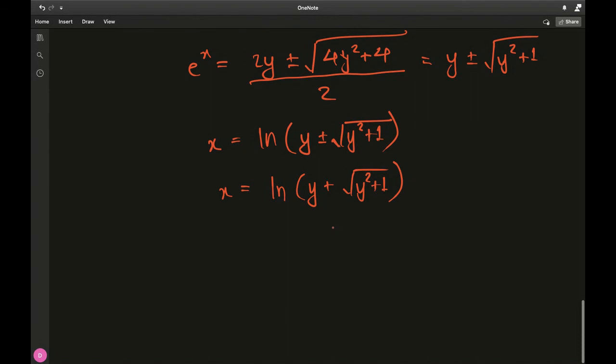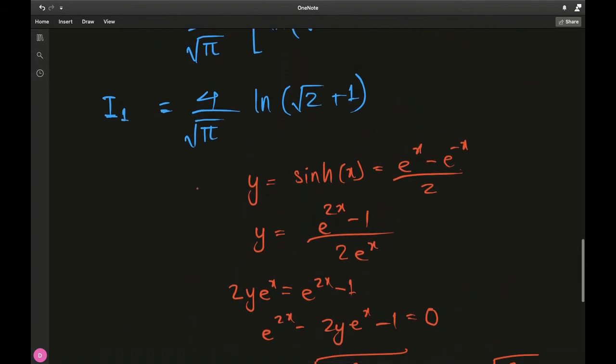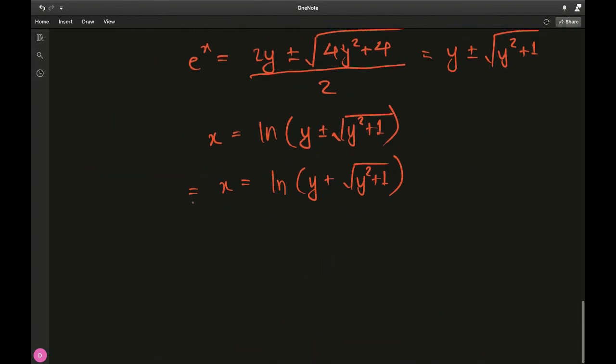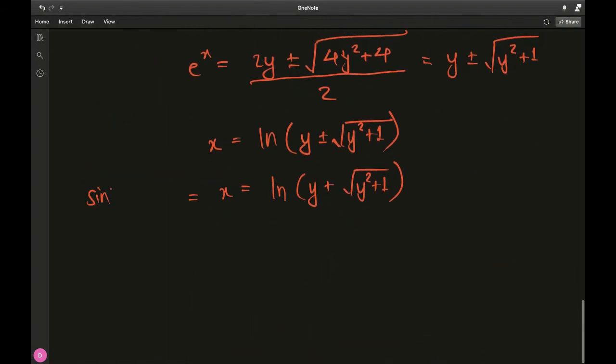Now x we can trace to be sinh inverse of y. So sinh inverse of y is equal to this. Now interchange variables, converting y to x. So we have sinh inverse of x is equal to natural log of x plus square root of x squared plus 1.